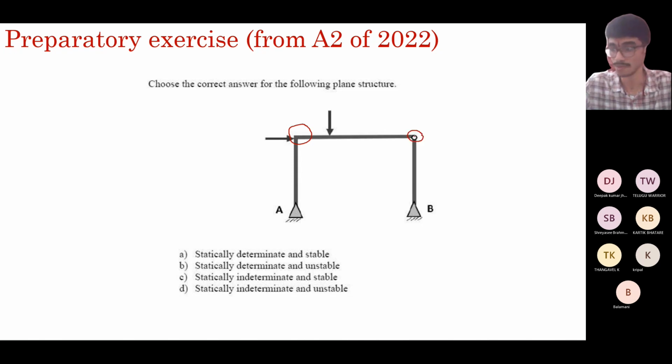So this transmits no moments. This is hinged, so it has two reactions. And this is also hinged. So can anyone give a try? Do you think it is statically determinate, indeterminate, stable, unstable? What is it?